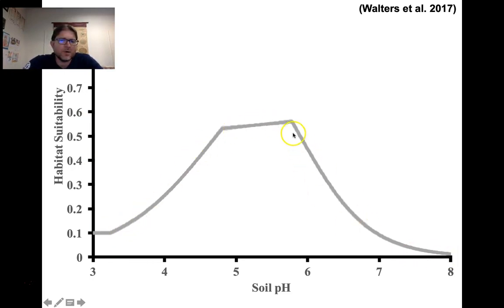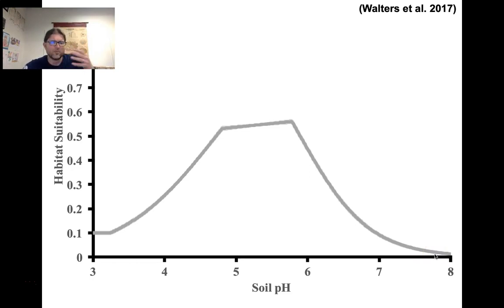I could show you the y equals mx plus b and so on. But the bottom line is that the equation says that as soil pH increases, habitat suitability increases, but only until you reach about a pH of 5 or 6, and then the habitat suitability drops off and becomes lower and lower as pH increases.